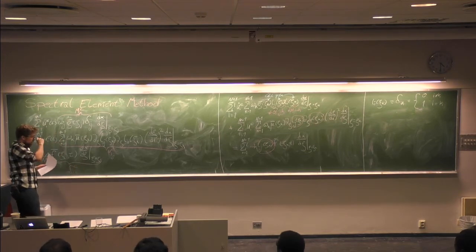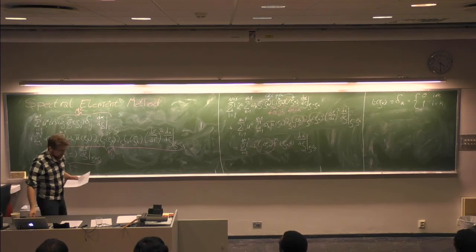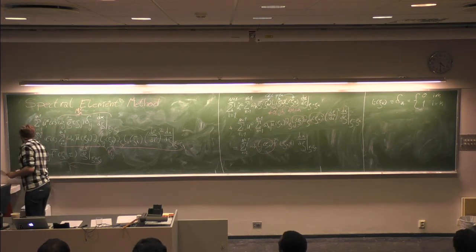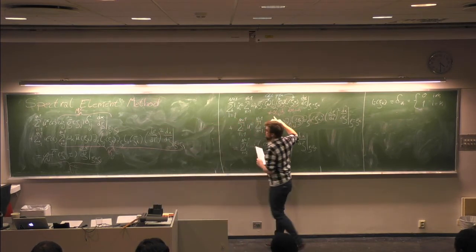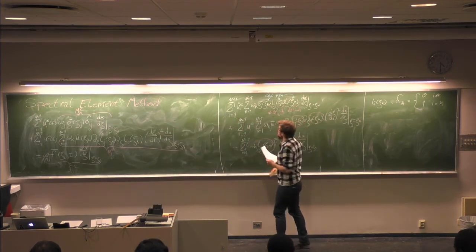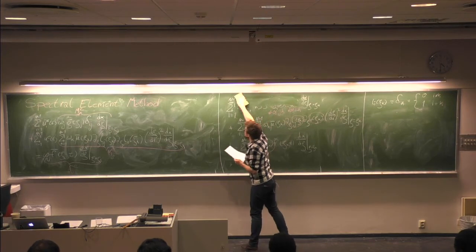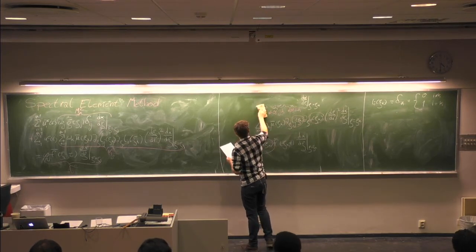Okay, good. So due to this nice property, we have a mass matrix of just diagonal elements.